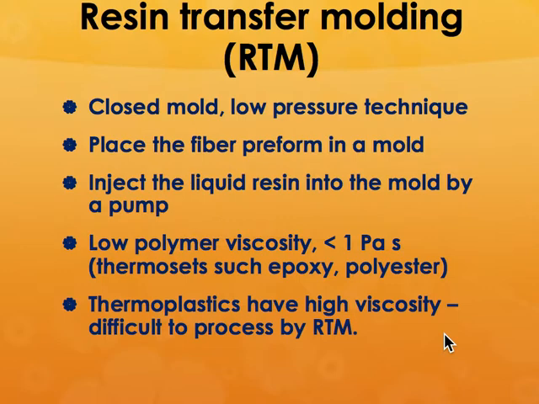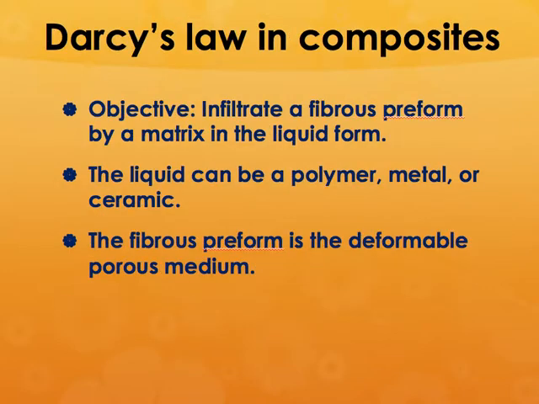This is mostly used for thermoset type of resins because thermoplastic resins have pretty high viscosity. But there are times when you would use thermoplastic resins also by the same technique.